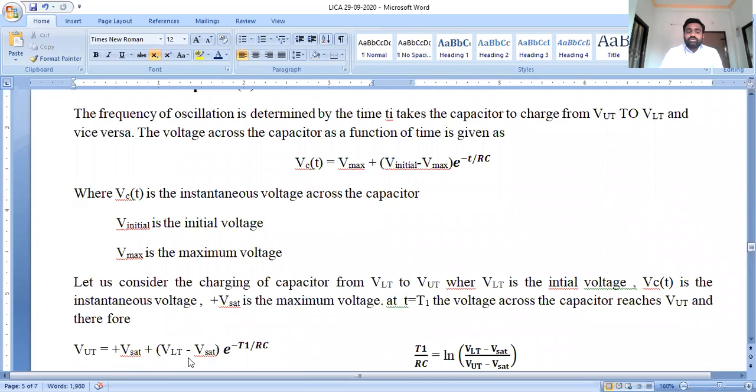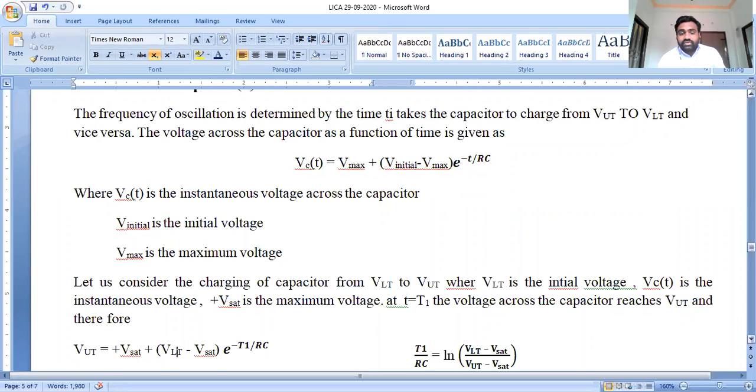Next we explained the saturation. One maximum voltage is positive saturation, and the other, negative maximum, is minus V saturation. The exponential term with minus t is the time required to charge the capacitor along the RC circuit.